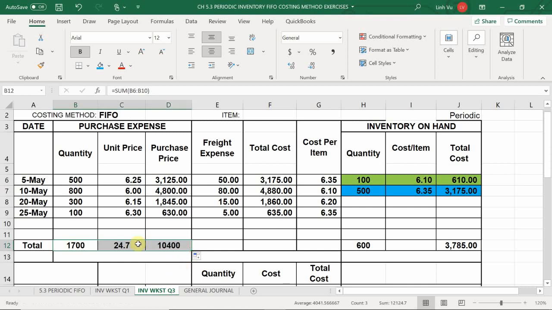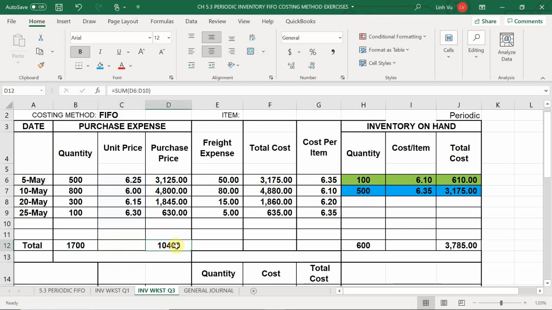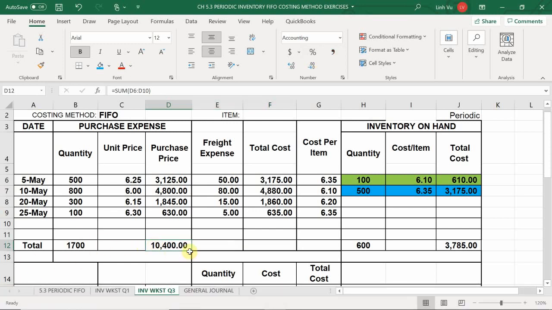Without freight it's 10,400. In this case, I don't have any returns or allowances, so this should give you the same amount. However, we need to add our freight now. Freight doesn't add to quantity, but freight was 150. So I add 0, gives me 1,700.